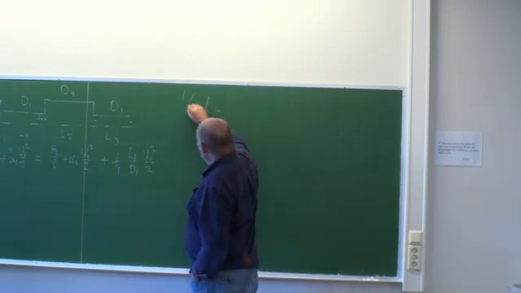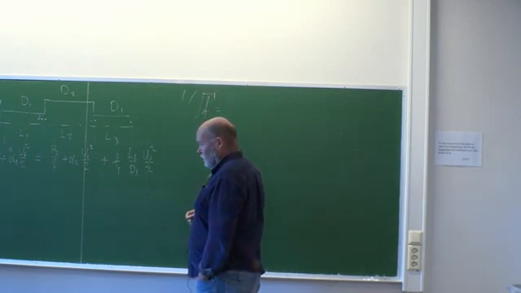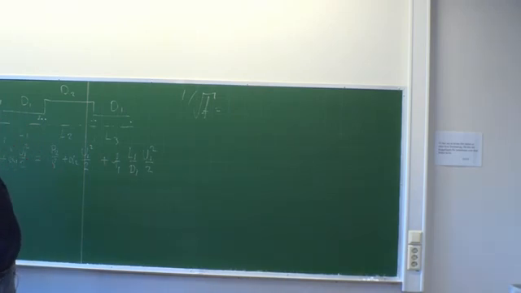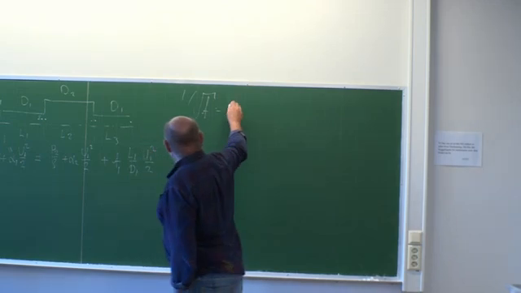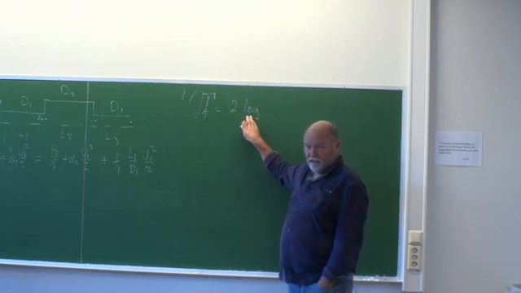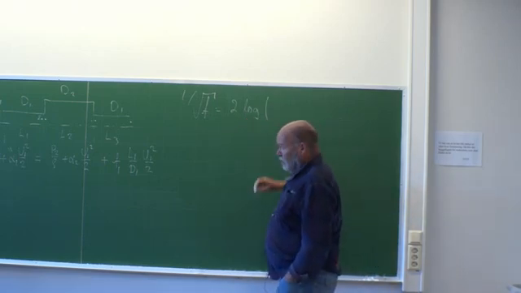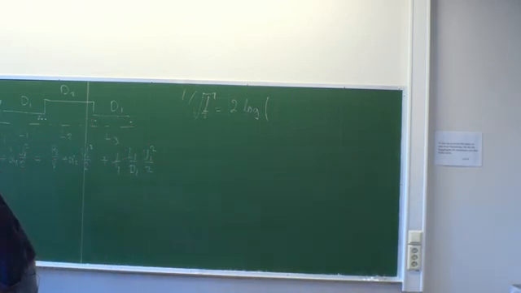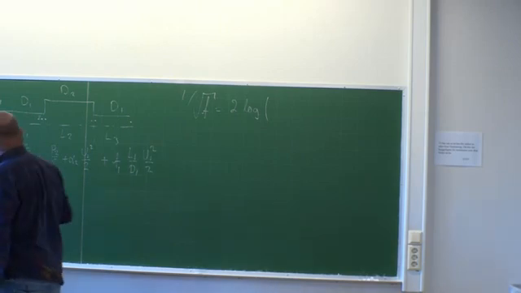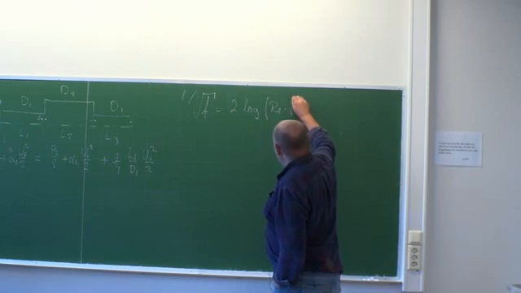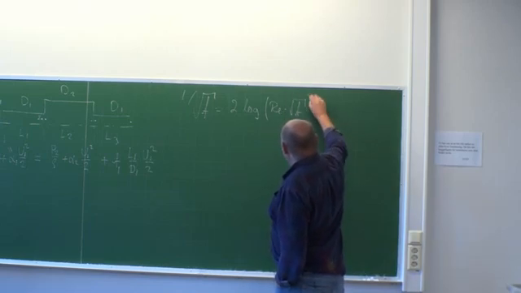That's beautiful. 1 divided by the square root of f equals, never remember that one, 2 times log, not ln, should be log. And then on the inside, we have the Reynolds number, and we have the square root of f again.